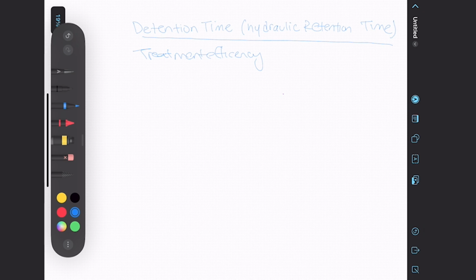So, an operator will use detention time formulas to understand how much time will be needed for the particles to settle out in the tank. In biological treatment processes, such as activated sludge systems, a sufficient time is required for the microorganisms to break down organic matter. So treatment efficiency is one place that we'll really look into detention times.